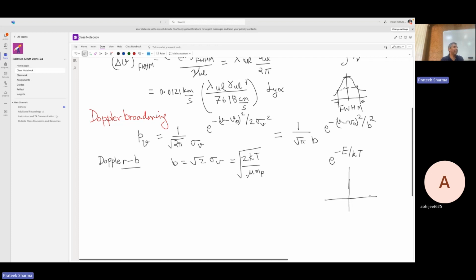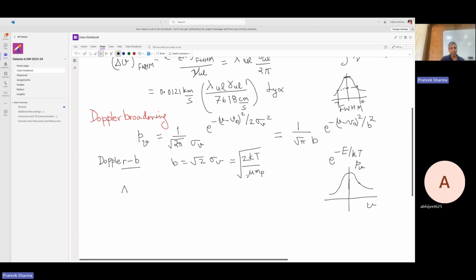So for a lot of cases, you can just ignore intrinsic width relative to the Doppler width, and in that case, you have this. Sorry, my drawing is not good. It should be suppressing much faster at large values of velocities.